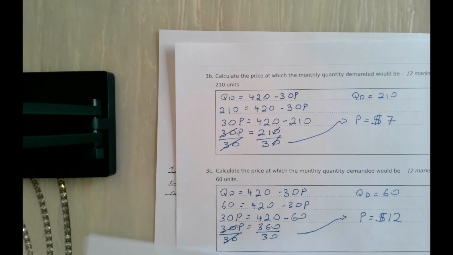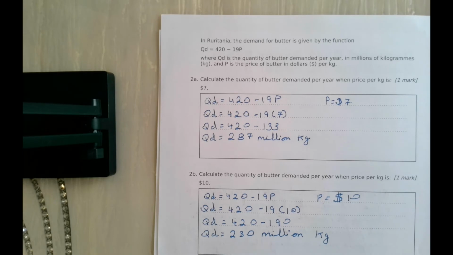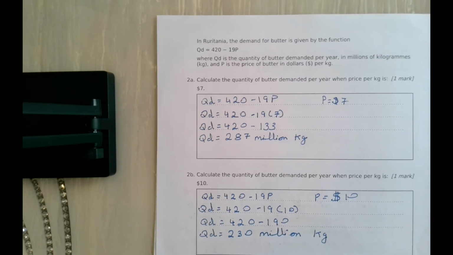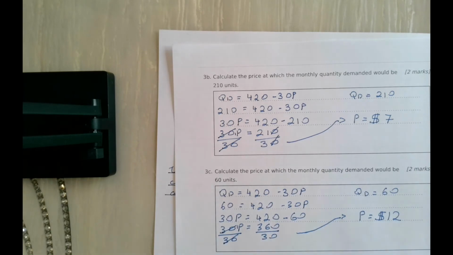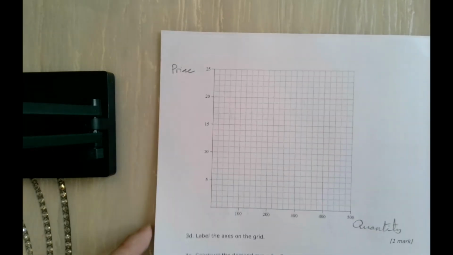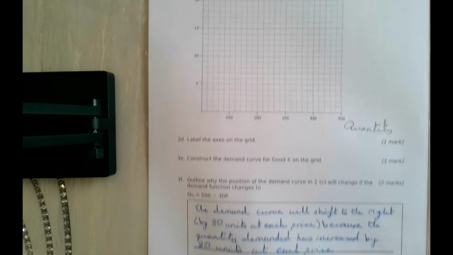Now just to make sure, and we're going to have to go back to this page, monthly demand is given by this, our quantity per month and P. So QD equals quantity per month. We don't need to worry, it's not in millions or anything like that, so that's absolutely fine. So we have answered question 3D, which is label the axes on the grid.